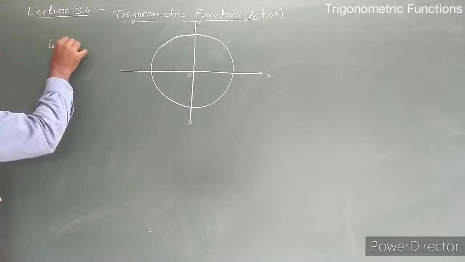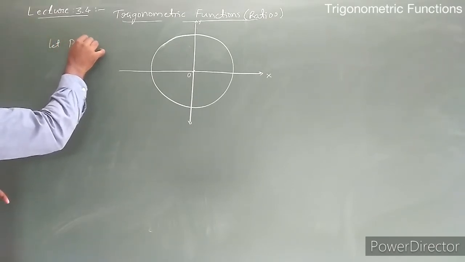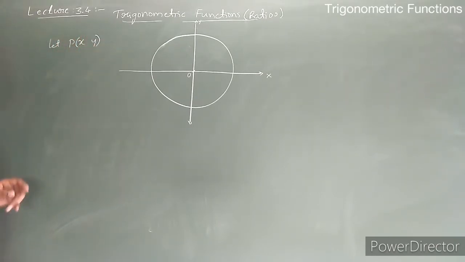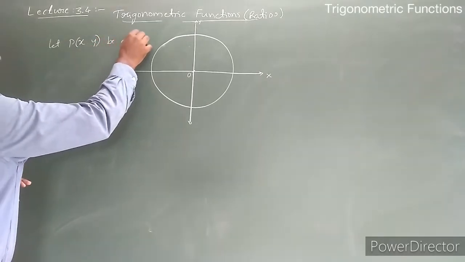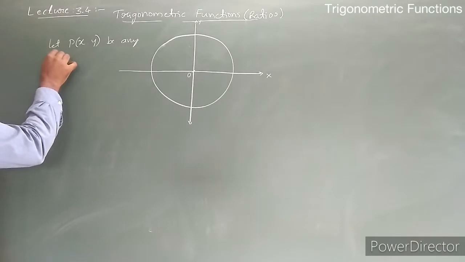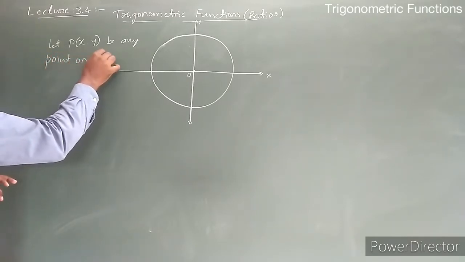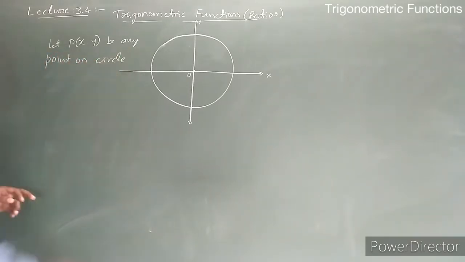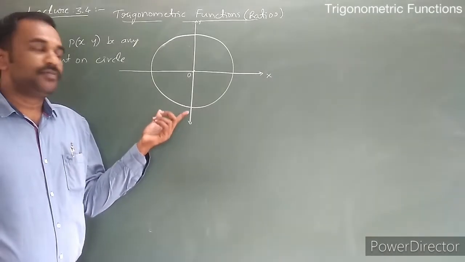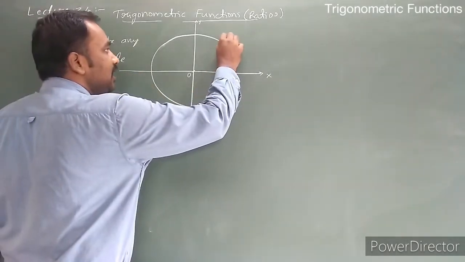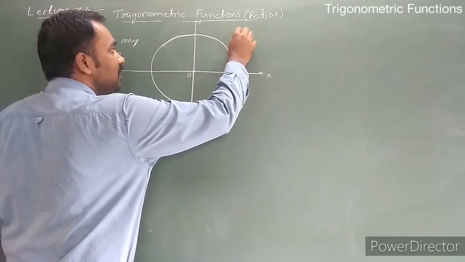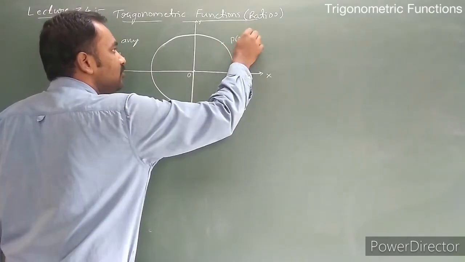Now let P be any point having the coordinates x, y on the circle. I just consider this as the point P having coordinates x, y.